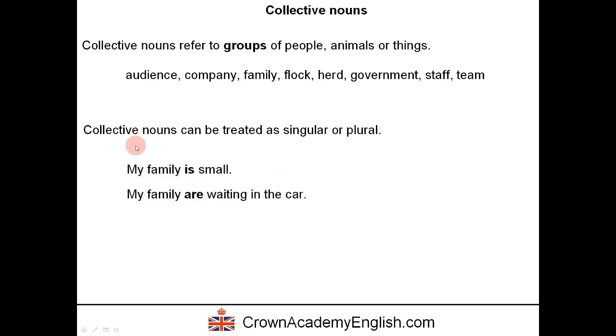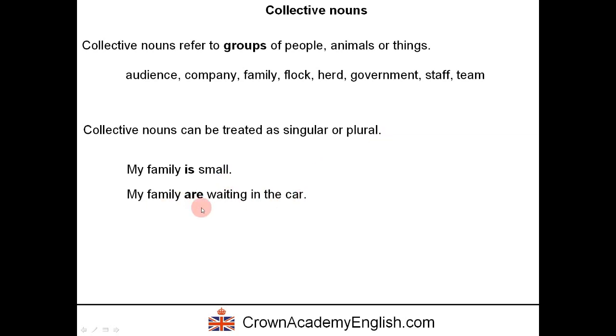But we can also treat the word family as a plural. And here is an example of family being used as a plural, because we are saying are. My family are waiting in the car. So why are we treating it as a plural here?